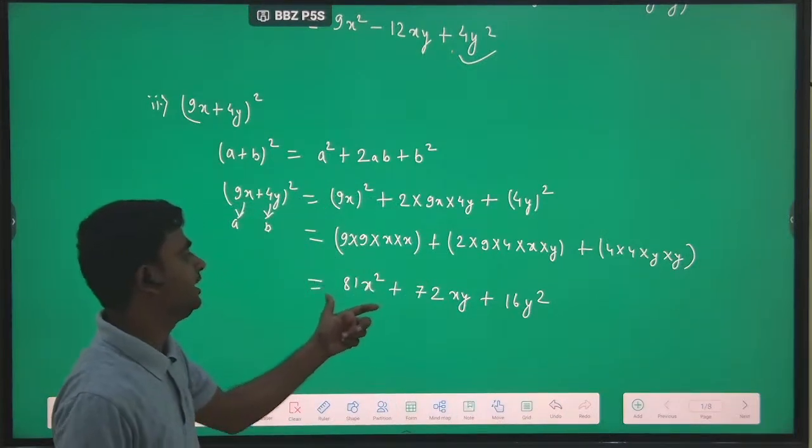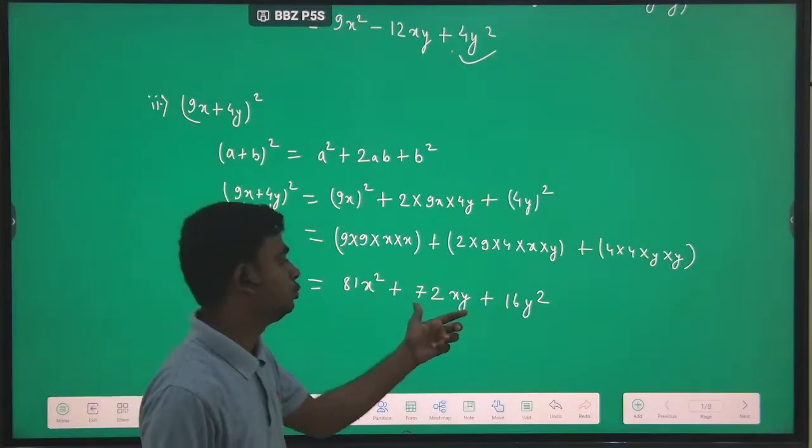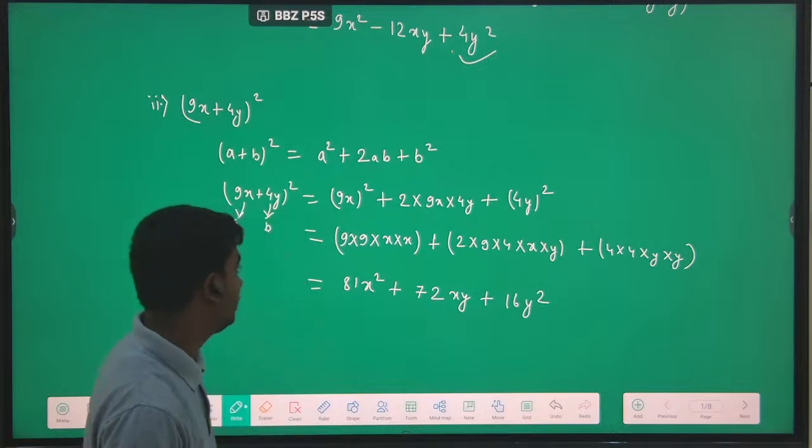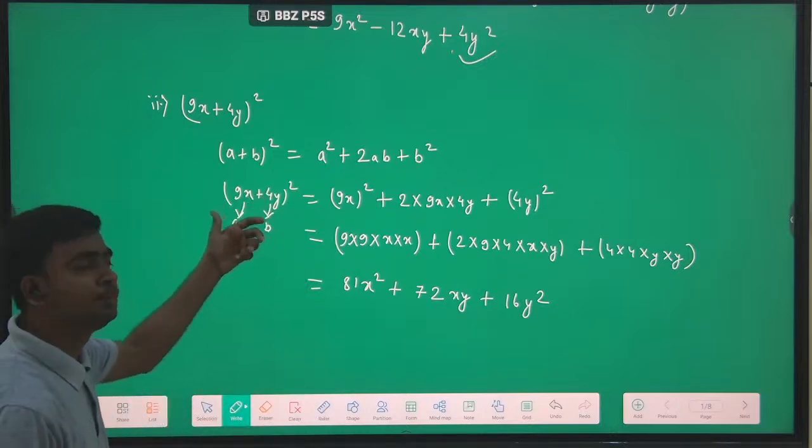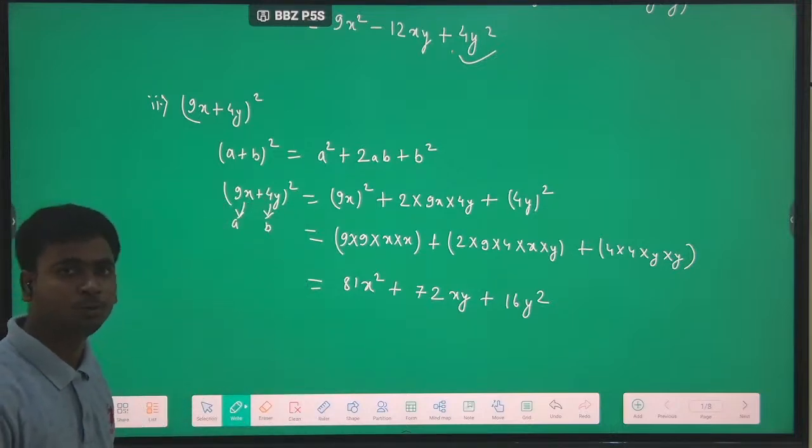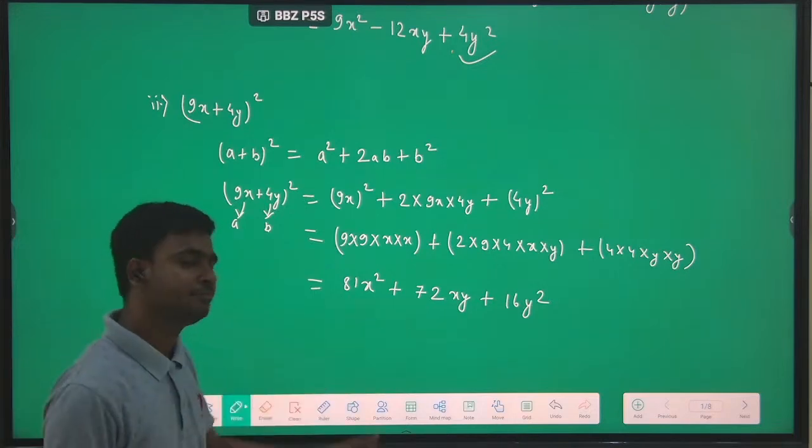So we are getting 81x square plus 72xy plus 16y square for the value of 9x plus 4y to the power 2. Okay, it is easy.